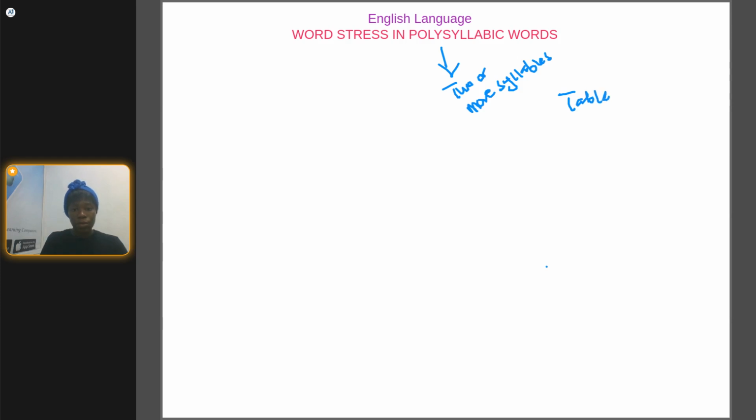We talked about table. Table is a polysyllabic word because it doesn't have one syllable. Table has two syllables. So if you are breaking it down, you say ta-ble. To know which one you are placing stress on, you can either put that apostrophe that I mentioned before the stressed syllable, or you can capitalize the syllable that is stressed.